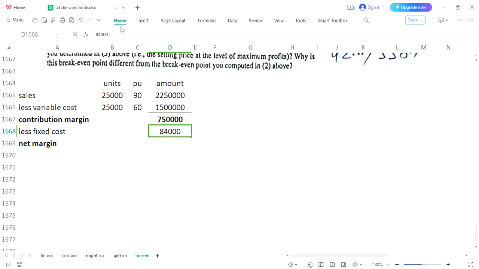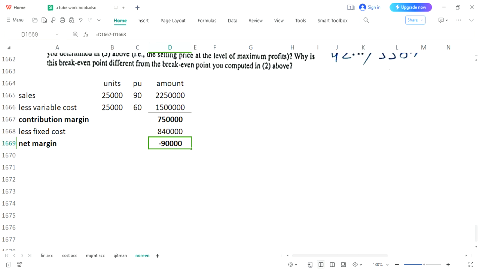After that it's easy to calculate net margin, which is the difference between contribution margin and fixed cost. Your contribution margin is 750,000; to calculate the difference, you subtract fixed cost of 840,000. So we have got our net margin as well. 840,000 was the fixed cost.